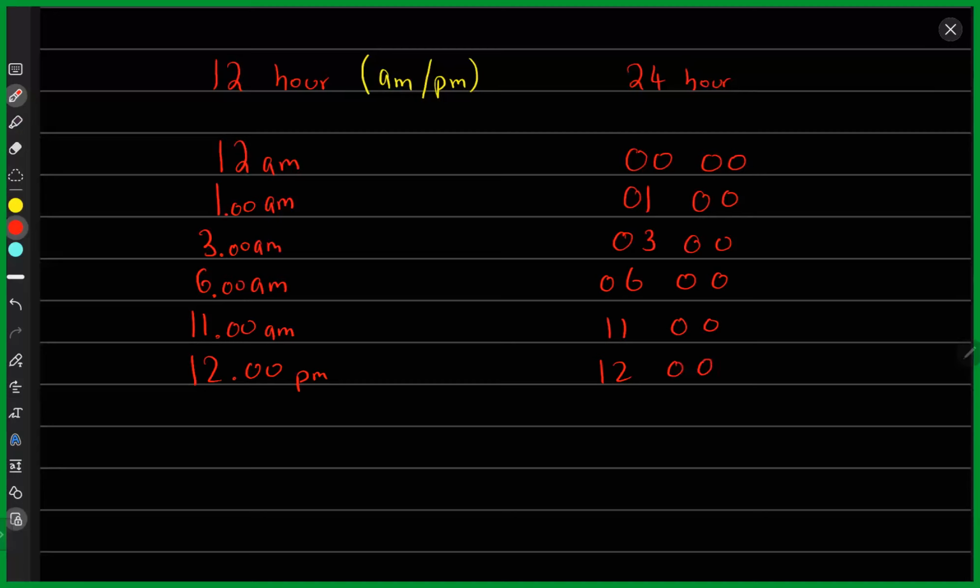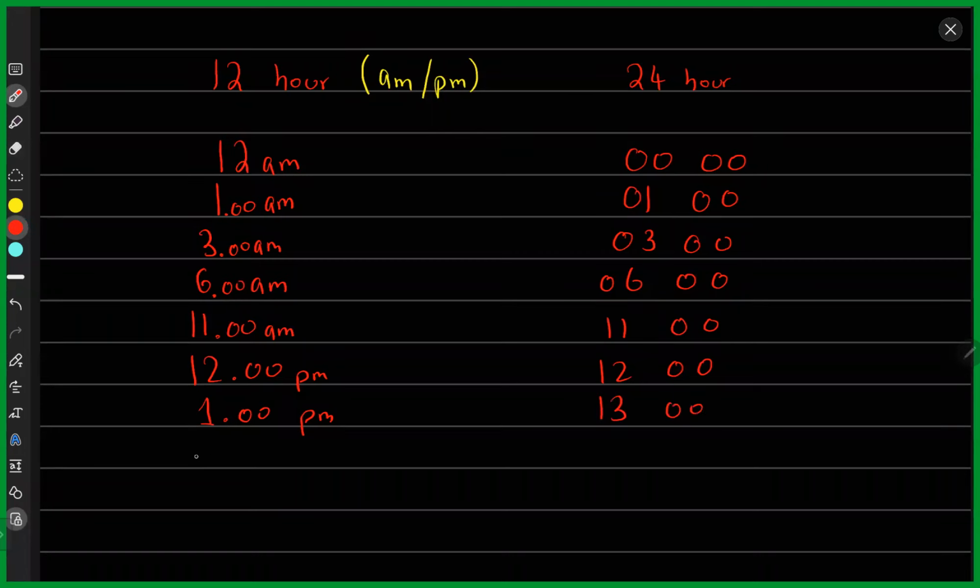And now you will see the difference. Now if I write down 1 p.m., that is 1 o'clock in the afternoon. But if I write down 0100, that would basically be 1 in the night. So for 1 p.m. we write down 1300.